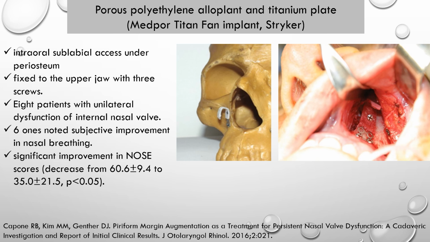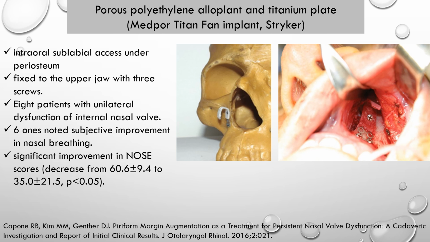Personalized U-shaped implants were installed via intraoral sublabial access under the periosteum along the edge of the piriform aperture, lateral to the attachment of the inferior turbinate. Eight patients with unilateral dysfunction of the internal nasal valve underwent this procedure. One year after, 6 of them noted subjective improvement of nasal breathing.